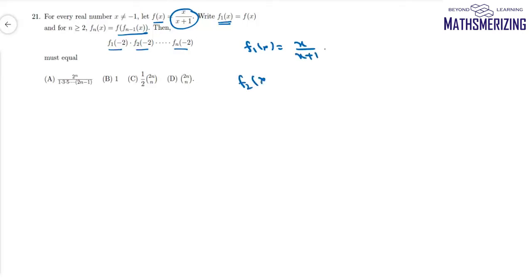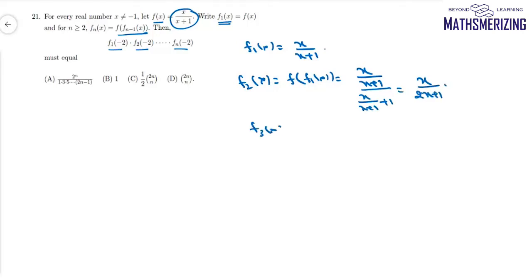Now if we find f2(x), it will simply be f of f1(x), so it will be x/(x+1) over x/(x+1) plus 1, which simplifies to x/(2x+1).